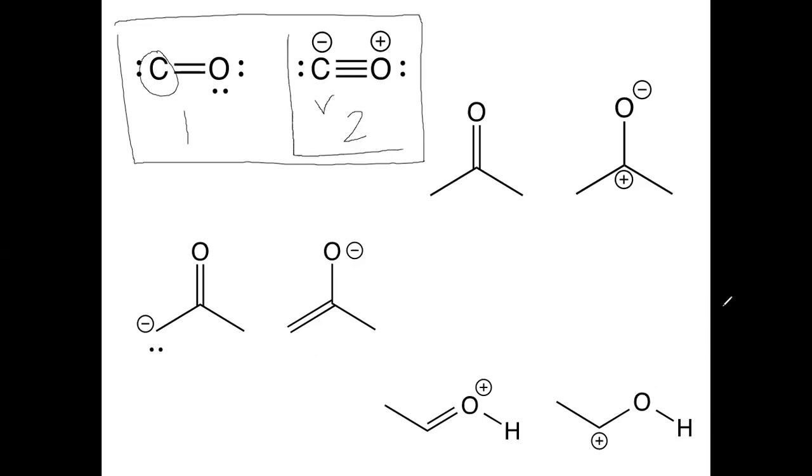This is going to be my bigger contributor, even though there are charges present. It still has the same overall charge, but now I've also maximized the number of covalent bonds and I've minimized the number of lone pairs. Nope, oxygen, when it has 3 bonds and a lone pair, is positive. When oxygen has 1 bond and 3 lone pairs, when you flip that ratio, that is when you get that.